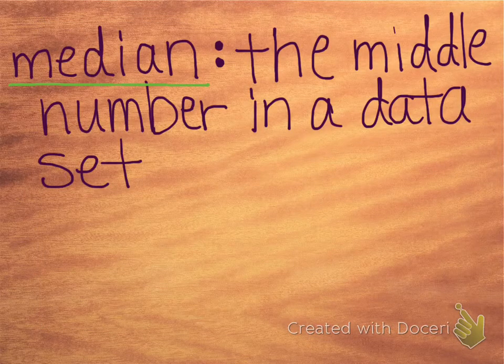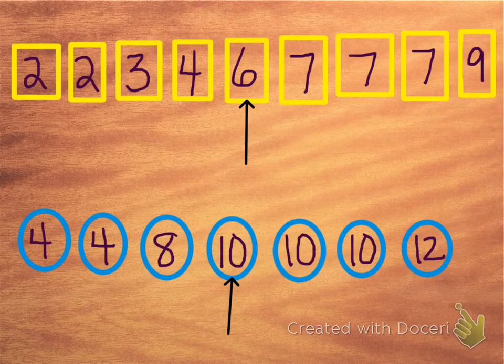Okay, the median is what we're going to work on finding in this lesson, and that is the middle number in a data set. So if we have some cards with these numbers, we have a 2, a 3, 4, 6, 7, 7, 7, and 9.